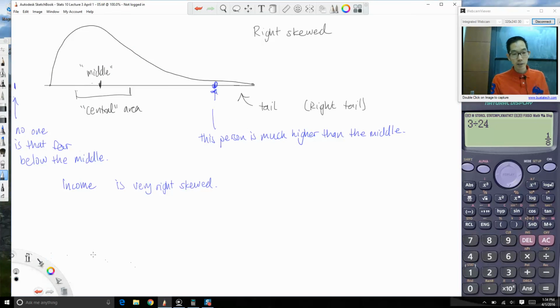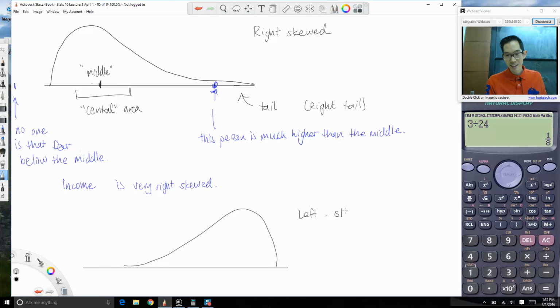Okay, on the other hand, if that's right skewed, then what is this? Left skewed. All right, you guys have figured out the pattern. Okay, and so what's something that's left skewed? Perhaps scores on a relatively easy test.